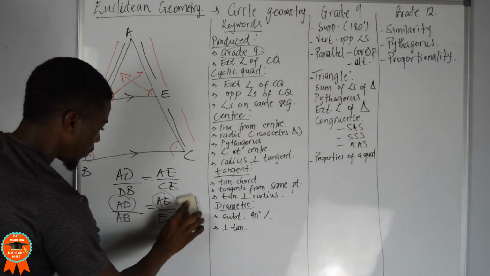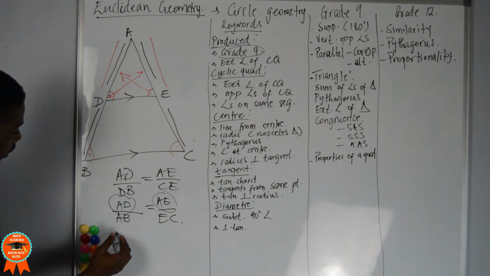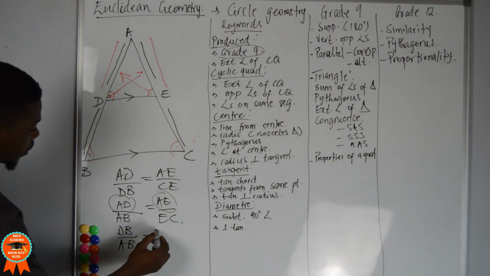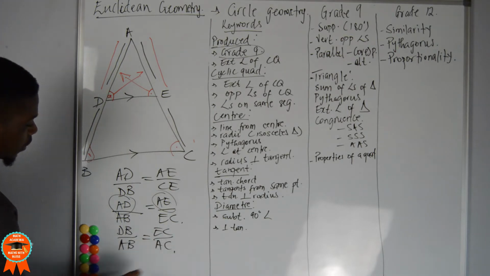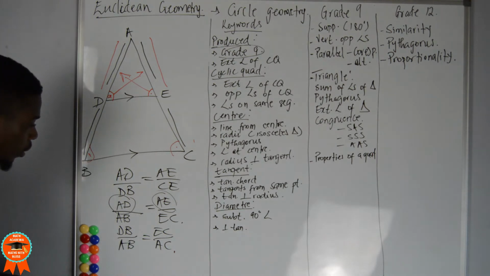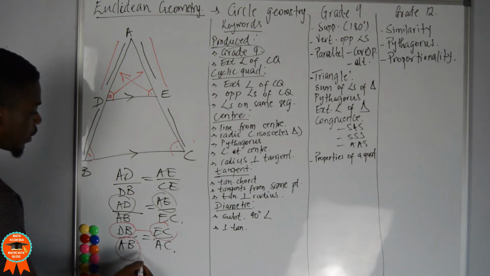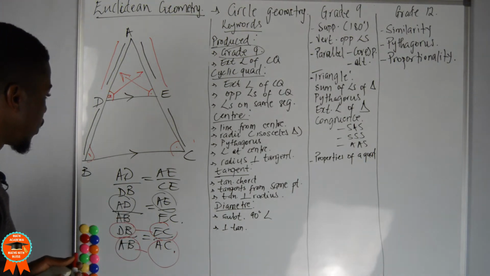And then from there we can make another expression and say that DB over AB is equal to EC over AC. We can make more expressions, unlimited expressions, as long as your numerators are corresponding and your denominators are corresponding. You are allowed to make any other proportion on this theorem.